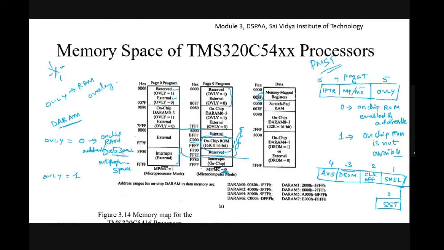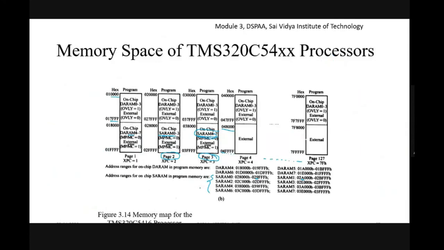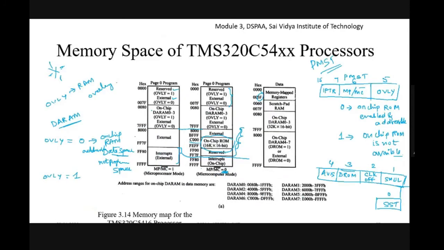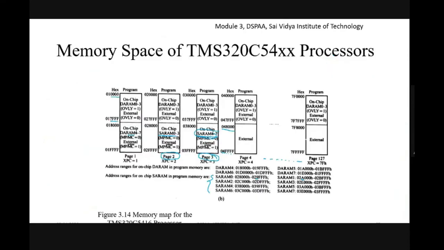See, one is the data memory space and this is the page 0 program memory space. And the remaining, figure 3.14, is the extended pages from page 1 to 127. Then you all know after 4F, if I add 1, F plus 1 is 0 carry, F plus 1 is 0 carry, so it is one followed by 4 zeros.